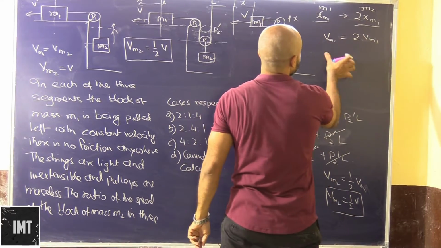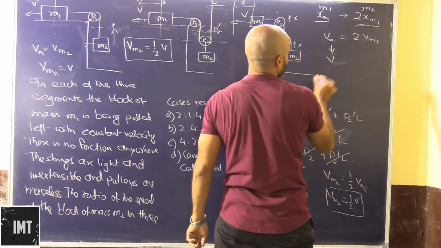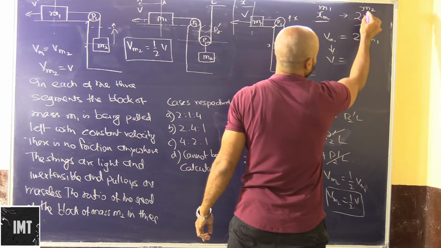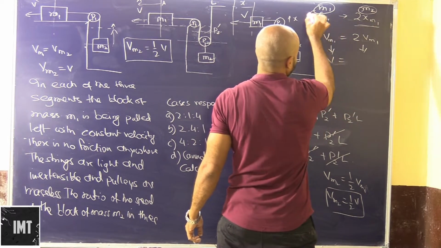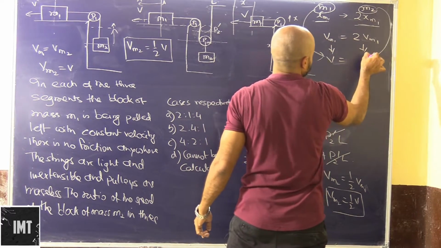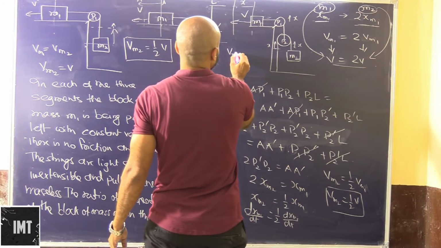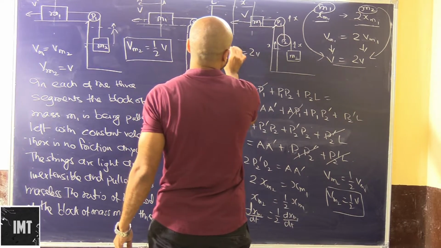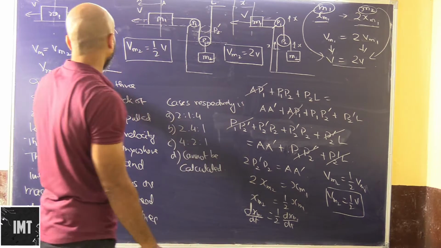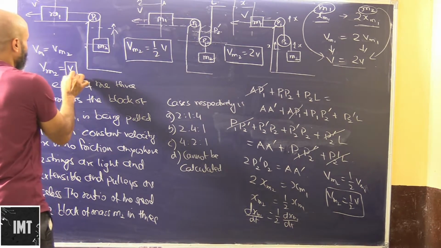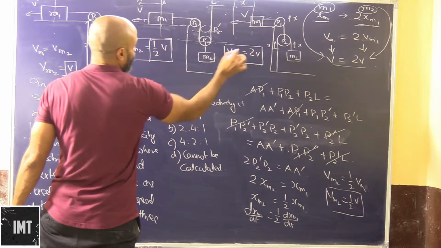So if the velocity of m1 is v, then the velocity of m2 will be 2v. In this case, the velocity of mass m2 is 2v. Now we can calculate the ratio of these velocities.